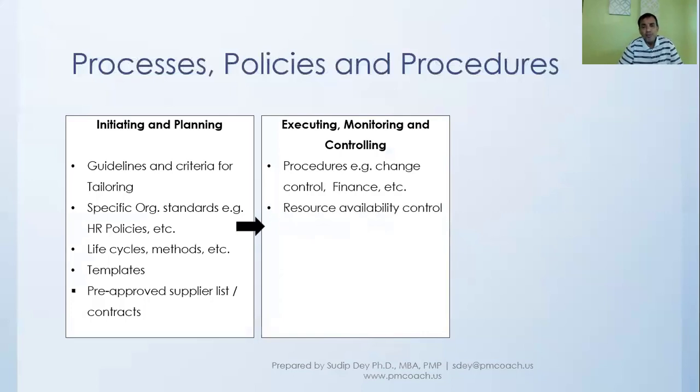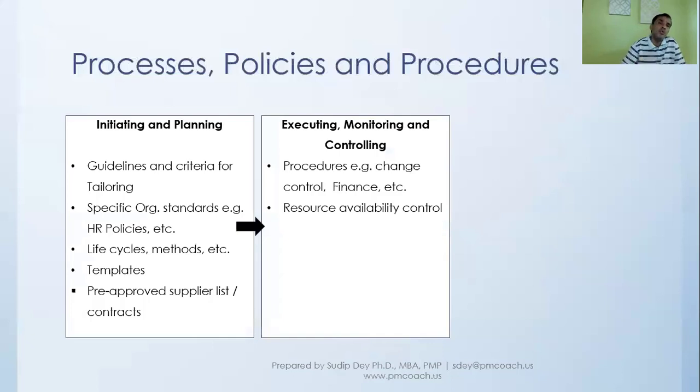Then resource availability control. So how is the availability of resources controlled? Let's say you want someone or some resources. What are the procedures that you will have to go through to get the resources? There will be some control in terms of that.